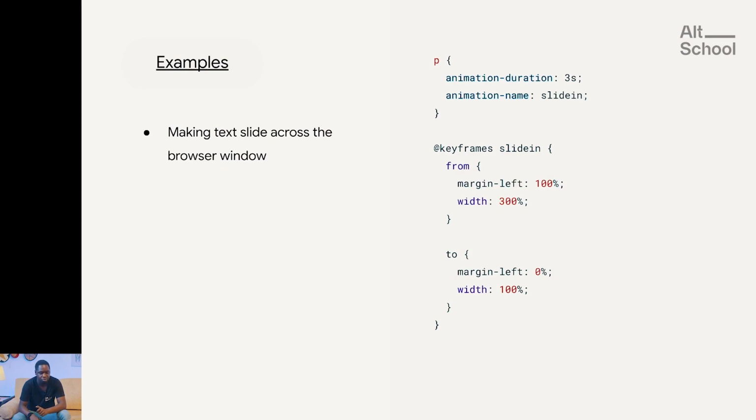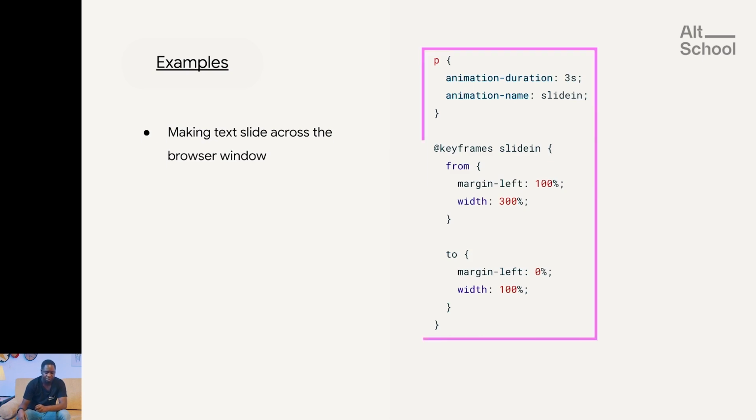The behavior we want of this paragraph is that the margin starts at 100% left, so the space on the left is 100%. The width is 300%, and we want it to animate from that to a margin-left of 0 and a width of 100%. We'll try it out and see what really happens.